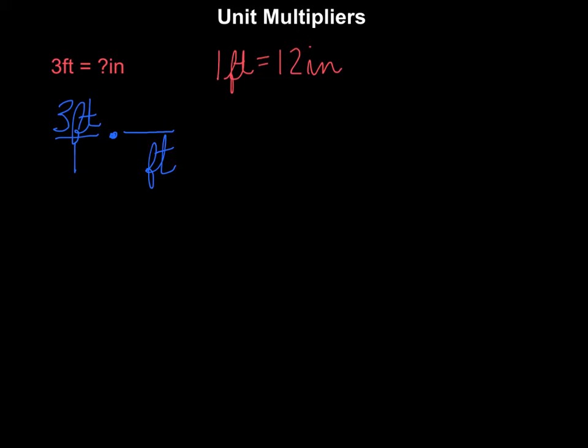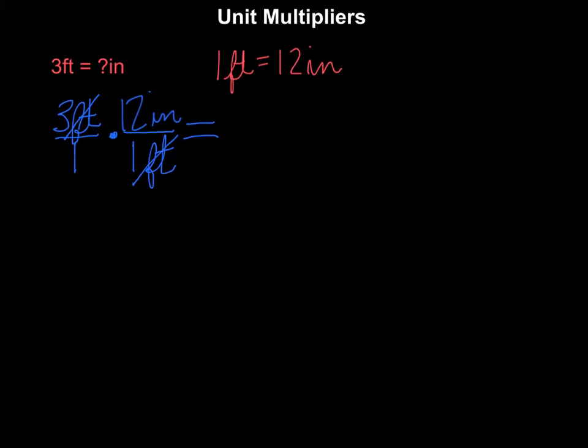So my 1 foot will go in the denominator, and my 12 inches will go in the numerator. Now, because we have feet in the numerator and feet in the denominator, these will cancel each other out. Now, only inches are left over, which is what we want, so we're ready to multiply our fractions.